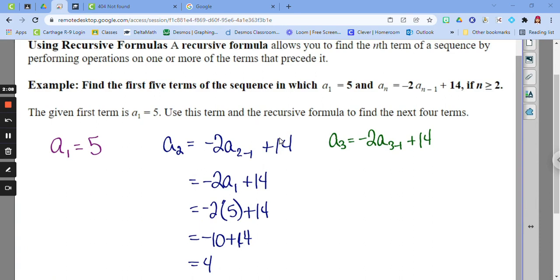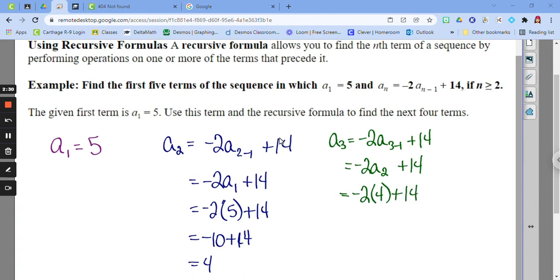That subscript just means -2 times the second term, because of 3 minus 1, plus 14. So -2 times 4 plus 14.